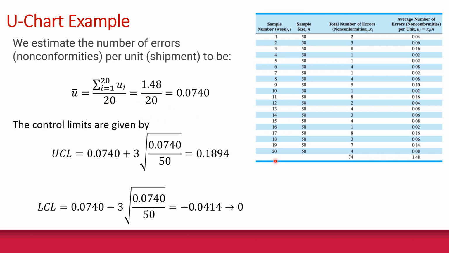We did this for 20 weeks. That gives 0.0740. The upper and lower control limits are calculated using the formula: U bar plus 3 times the square root of U bar divided by 50, because 50 is the sample size n. The lower control limit turns out to be negative, so we set that to 0.